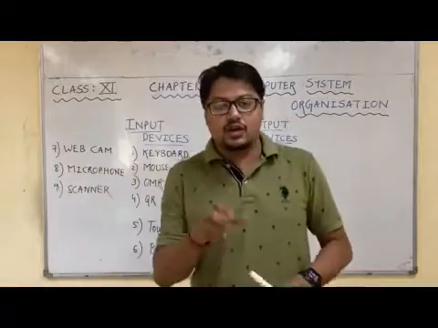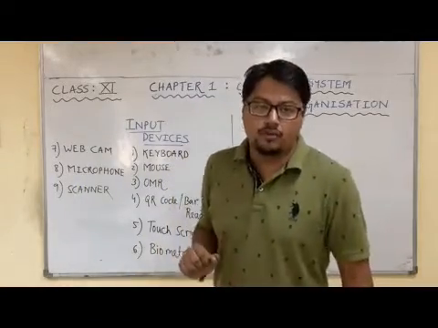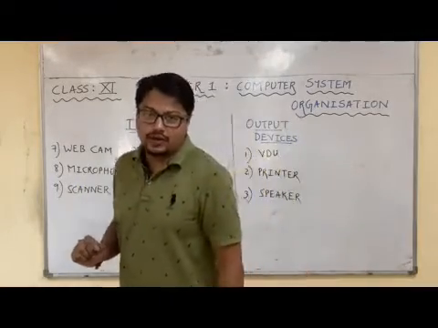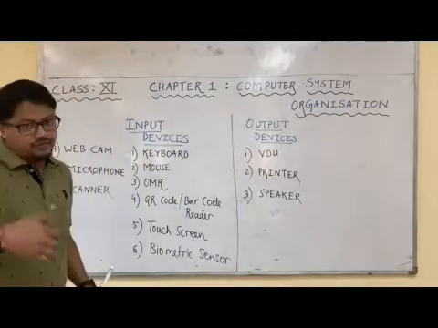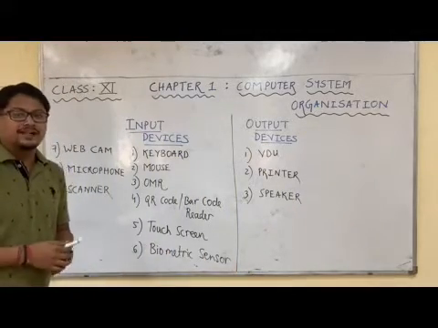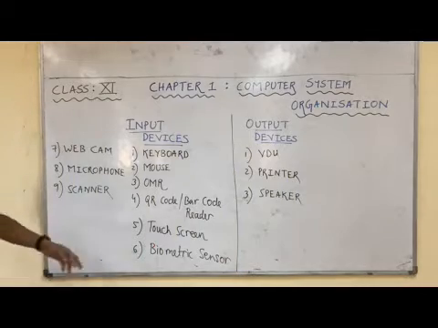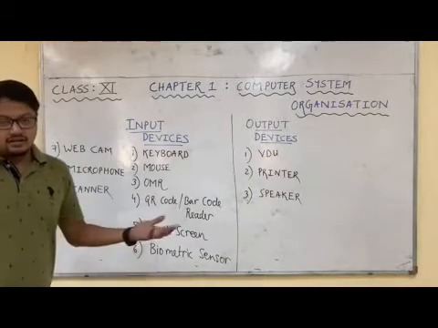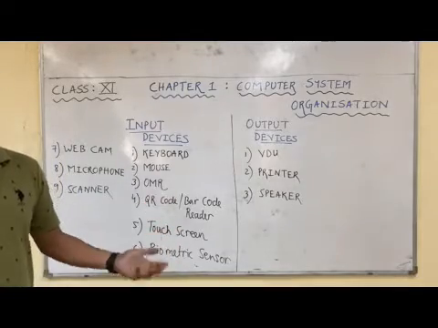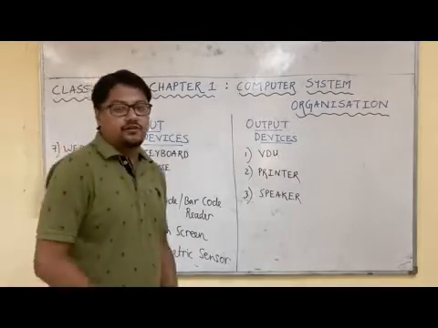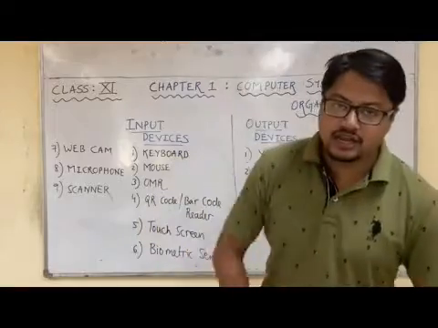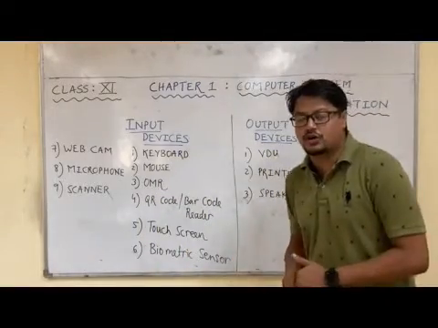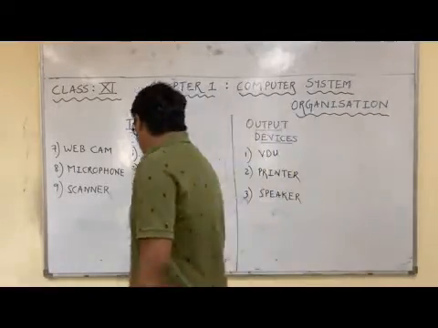Everyone has their Google Pay QR code, PhonePe QR code, Paytm QR code. Normally we are reading those through mobiles, but there are dedicated devices, also called QR code readers. Touch screen, we are all aware: iPads, tablets, mobile phones nowadays are touch screens. So touch screen is also a type of input device.